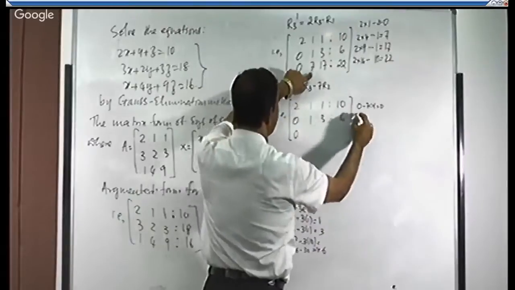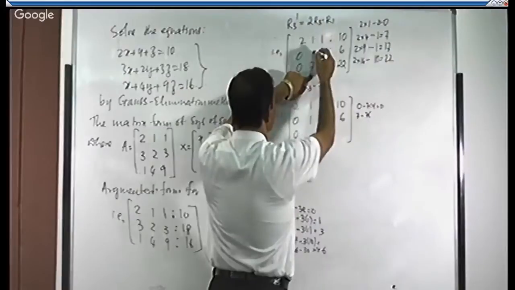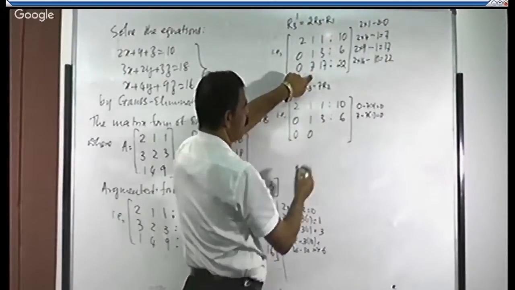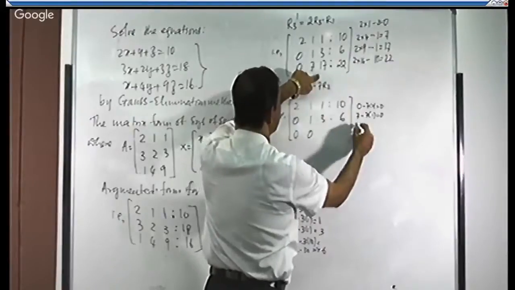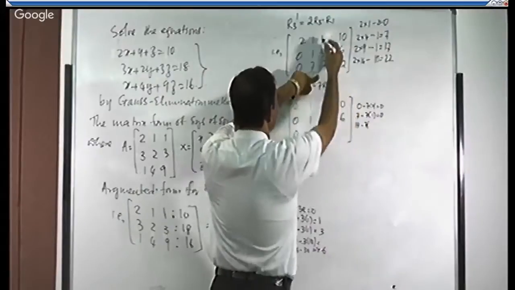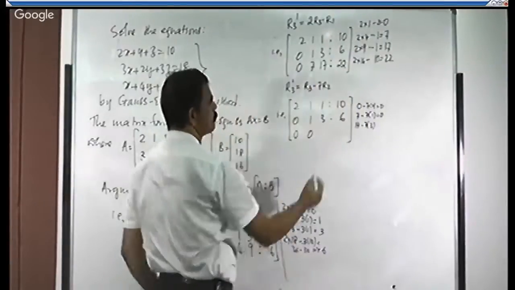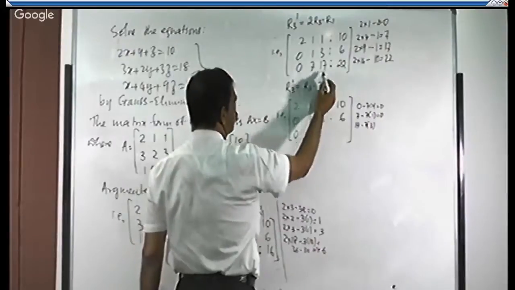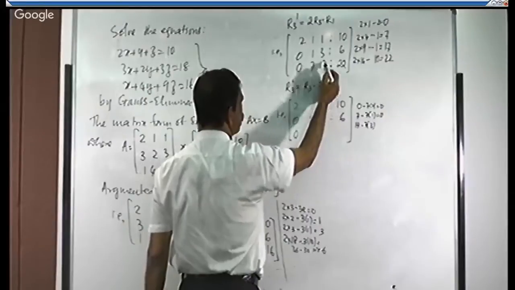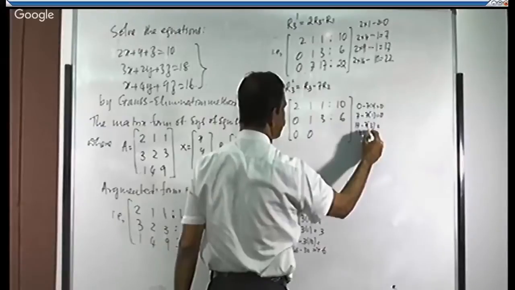Next, what is the second element? 7 minus 7 times R2. R2 is what? 1. 7 minus 7, 0. Next, 17 minus 7 into the corresponding element, which is 3. R3, 17 minus 7 into R2. For 17, the corresponding element is 3. That is equal to 17 minus 7 times 3, which is 21.